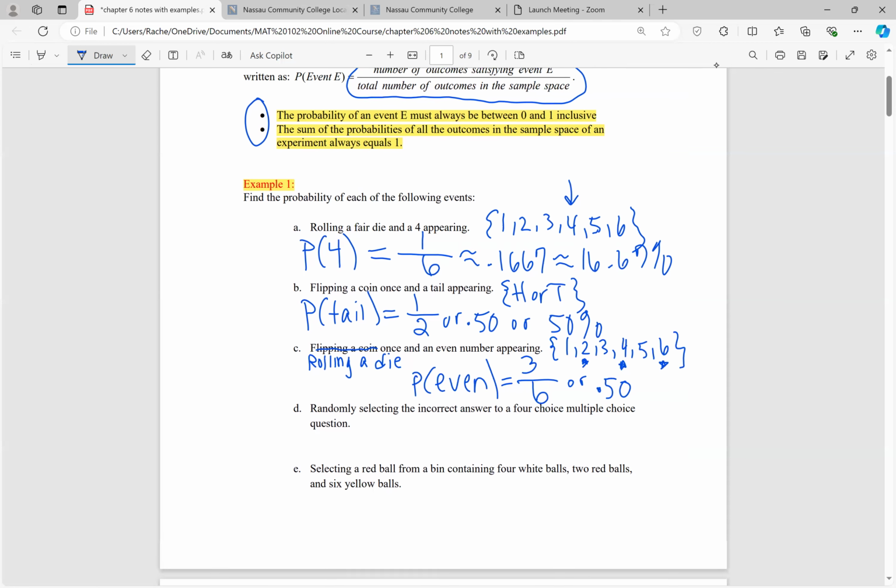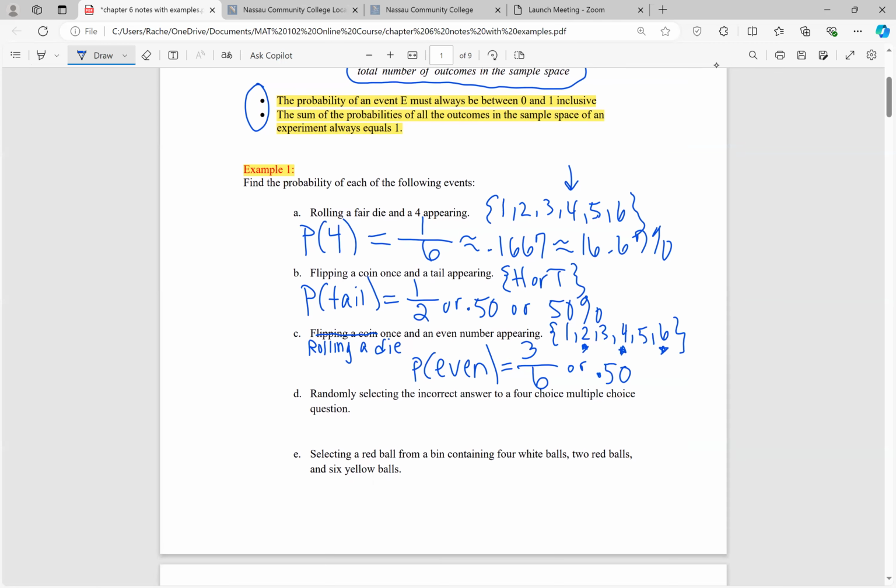Let's look at part D. What's the probability of randomly selecting the incorrect answer to a 4-choice multiple choice question? So what's the probability of getting the answer incorrect? Imagine you have a multiple choice question and there are 4 choices. So you could pick A, B, C, or D. So out of the 4 choices, right?